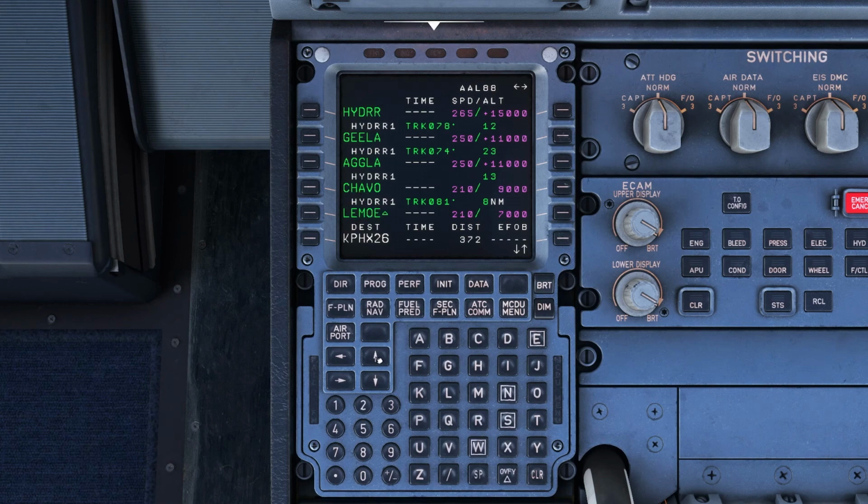Now let's see what's happening. Okay. Now this is what happens quite often, and that is you're flying manually. Because if you try to get rid of this flight plan discontinuity, it's probably going to say not allowed. Yeah, not allowed, because it's a legitimate break in the flight plan.